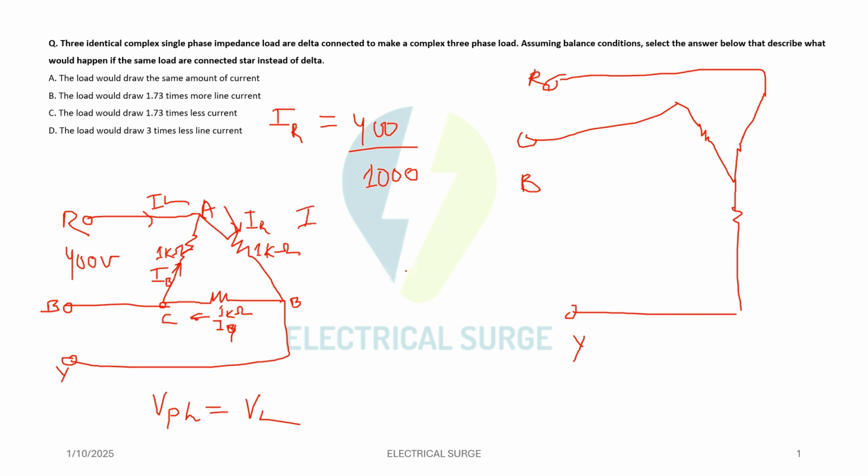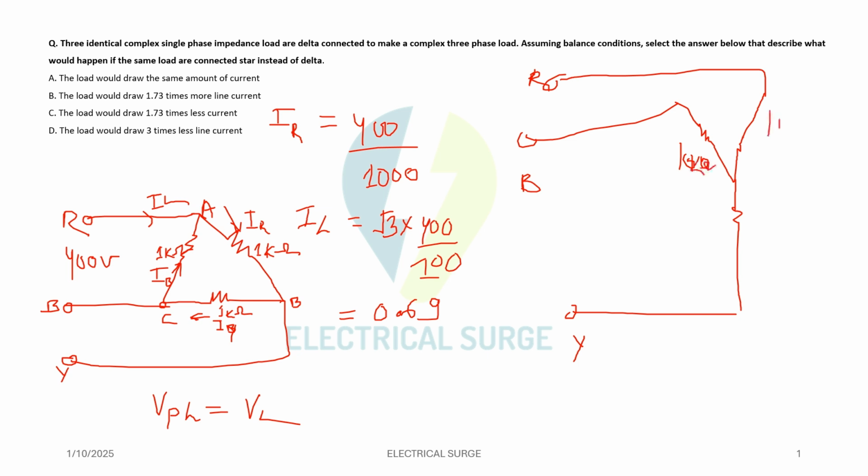If we want to calculate the line current, then it is root 3 times 400 upon 1000. If you calculate this value, you will get 0.69.